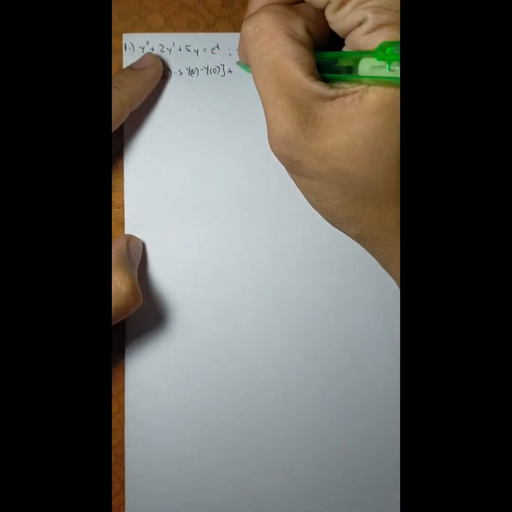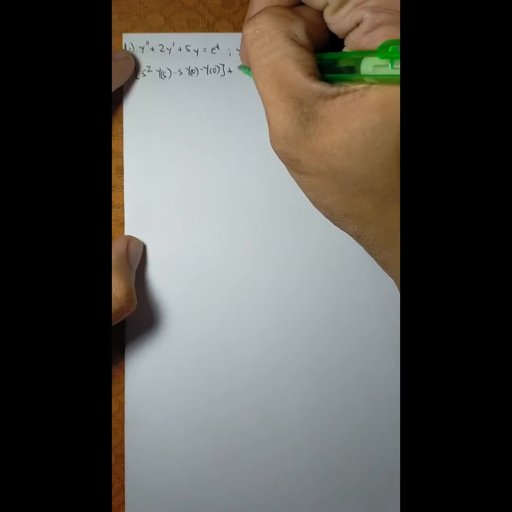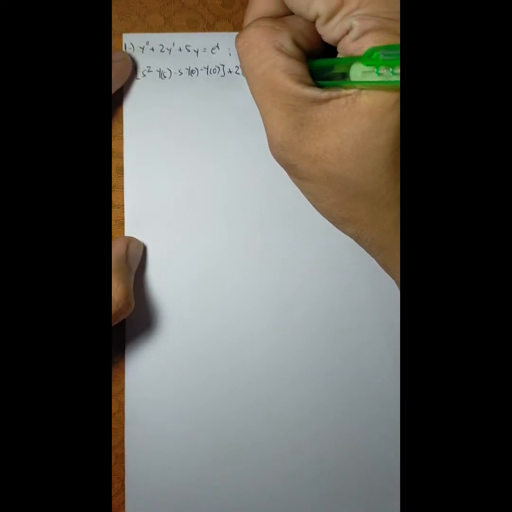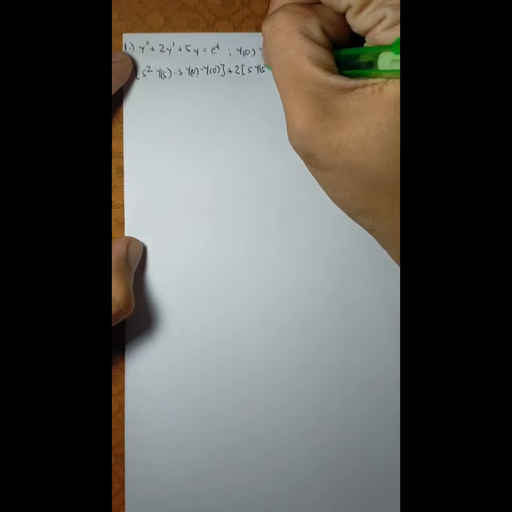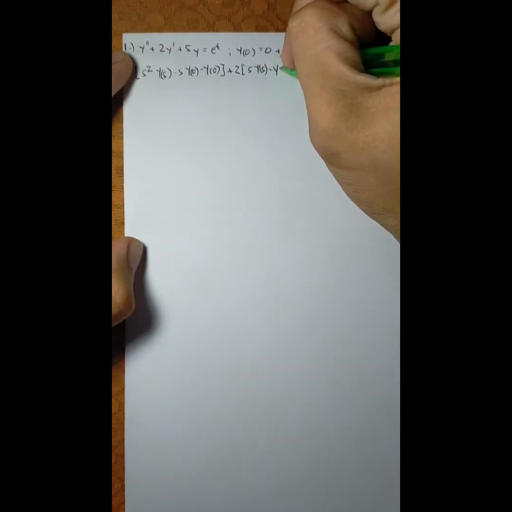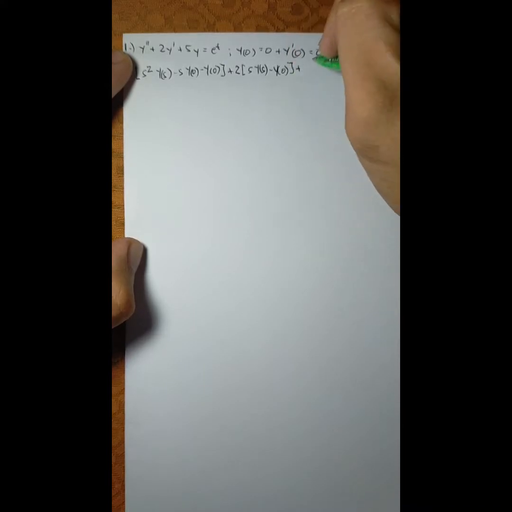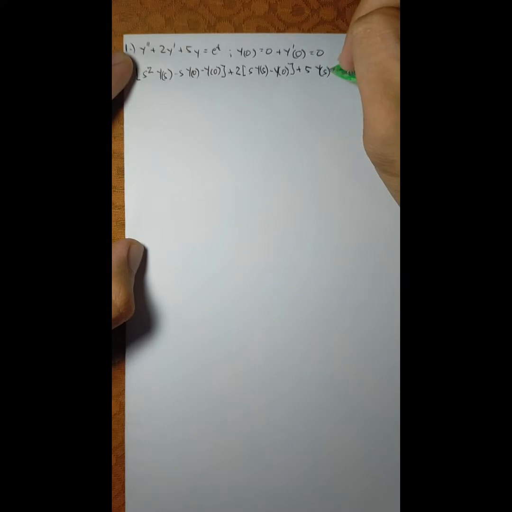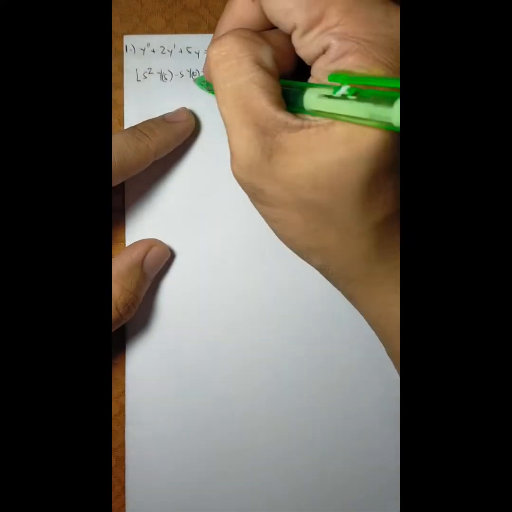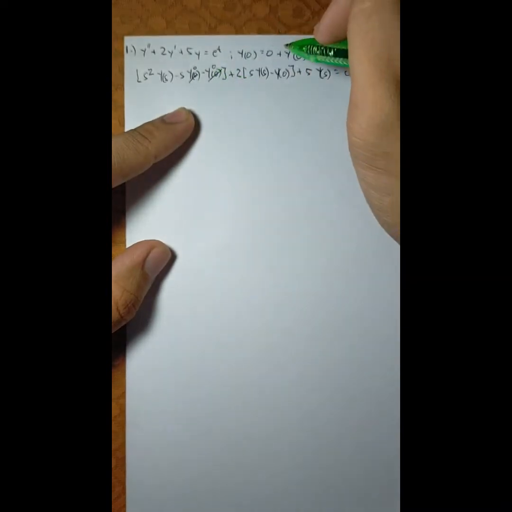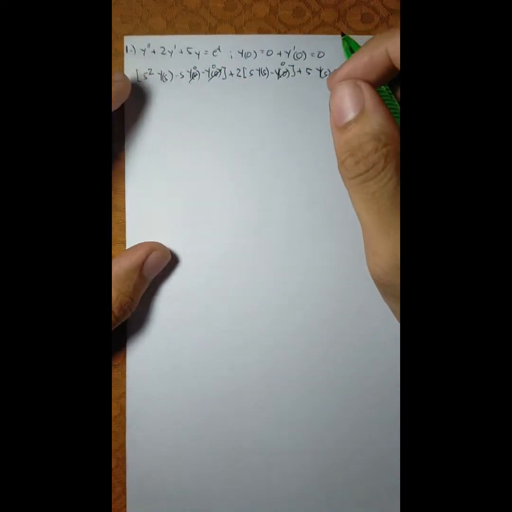plus 2 times s Y(s) minus y(0) plus 5 Y(s) is equal to e raised to t. This is equal to 0, this is 0, this is also 0.